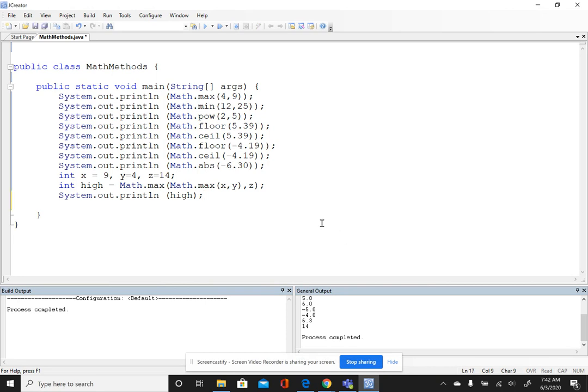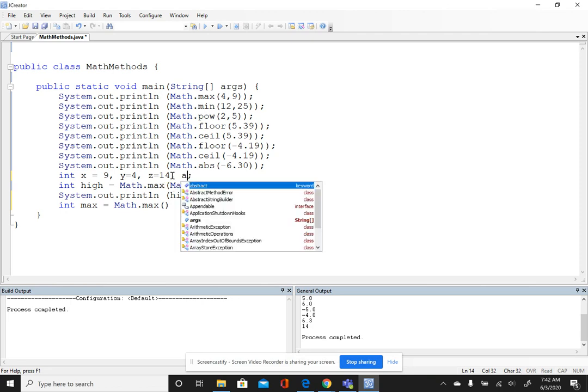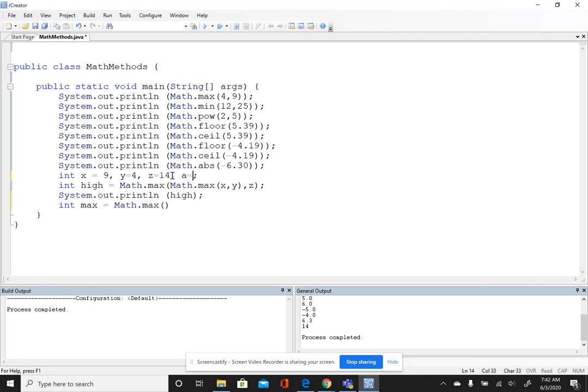I can do the same thing also for four numbers. Let's say A is 6.